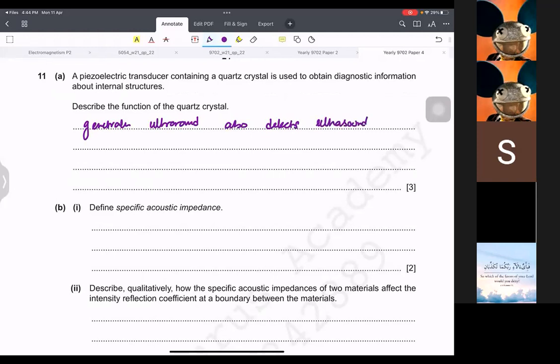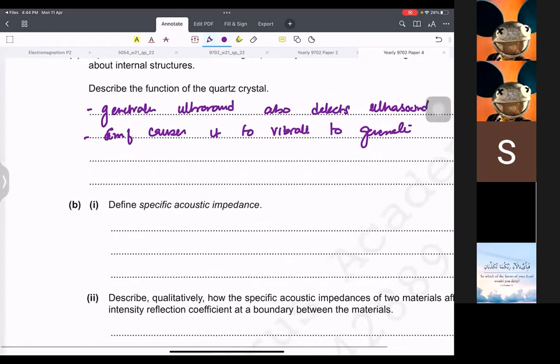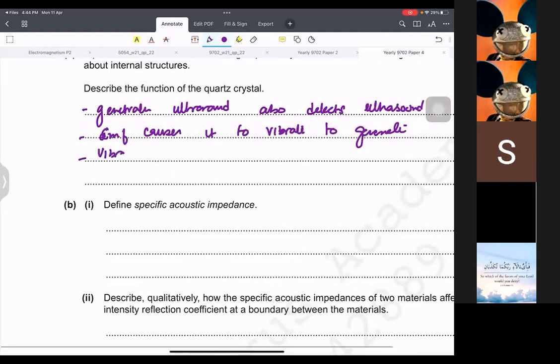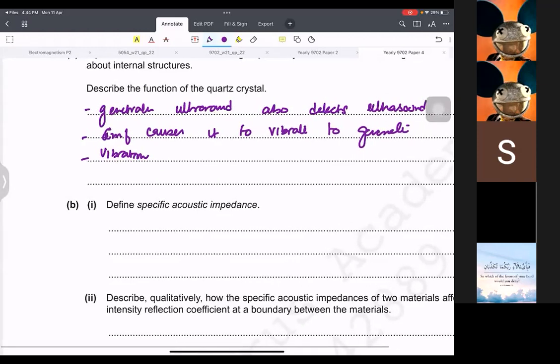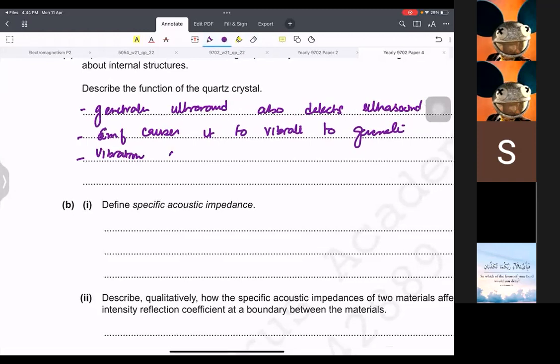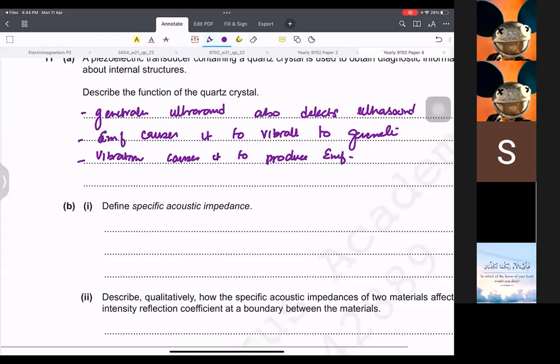And why does this happen? Because EMF causes it to vibrate, to generate vibrations. And when the vibrations come back, vibration causes it to produce EMF. So it detects. So that's the way.